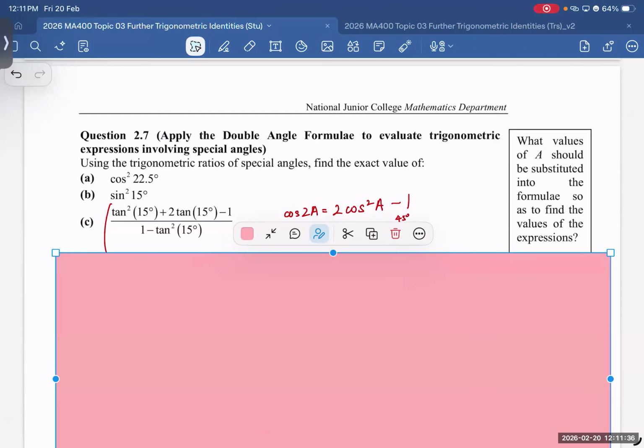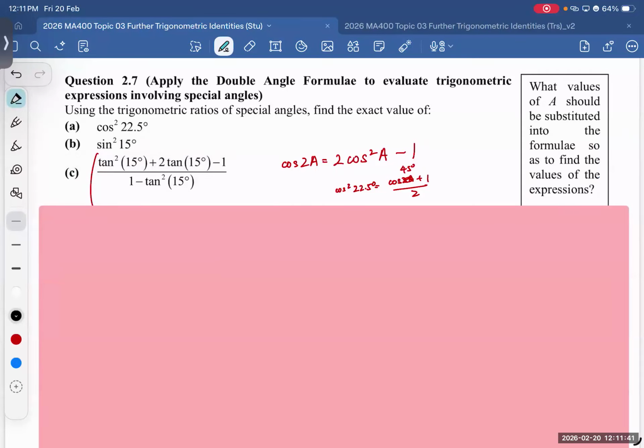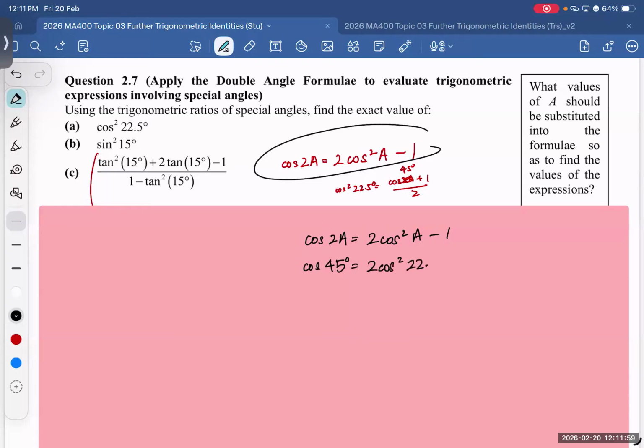So what I'm doing for 2.7a, I'm thinking of cos 2a to be 2 cos square a minus 1. So if I have cosine 45, this is the same as 2 cos square 22.5 degrees minus 1. When I solve 22.5, the friend that came to my head is 45, because 45 is a special angle.